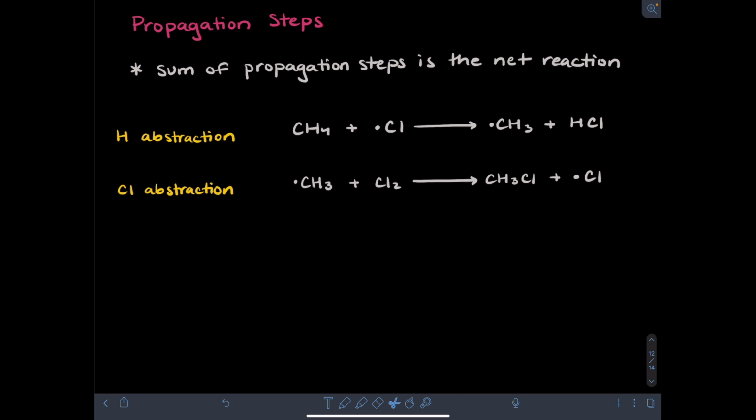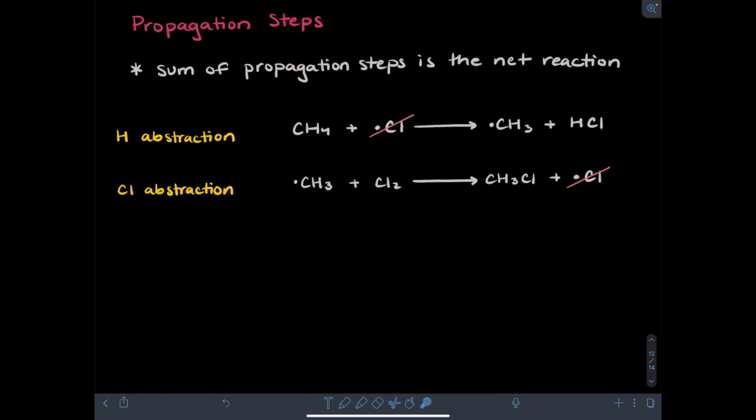So for the chlorination of methane reaction, I mentioned hydrogen abstraction and chlorine abstraction as the 2 propagation steps of the mechanism. This was involving a chlorine radical reacting with methane to make a methyl radical and HCl, and then a methyl radical reacting with Cl2 to make chloromethane and a chlorine radical. So we're going to imagine summing these 2 propagation steps together.